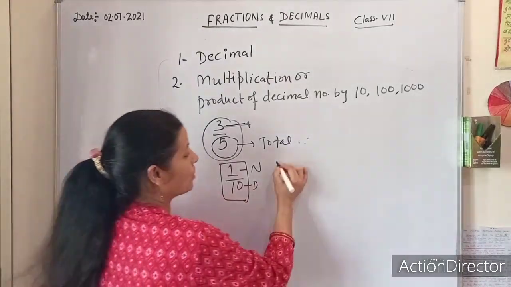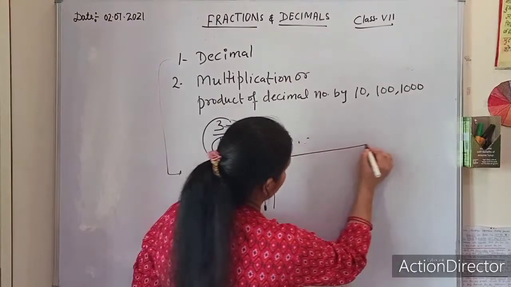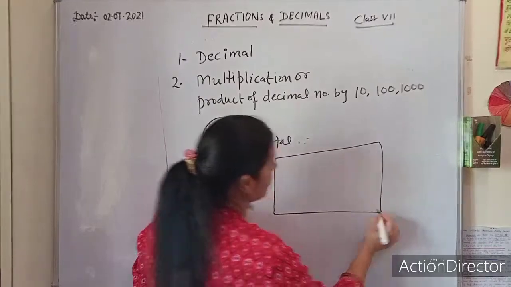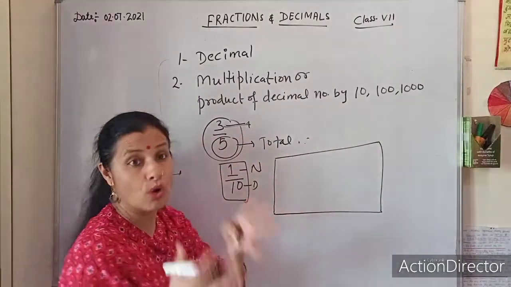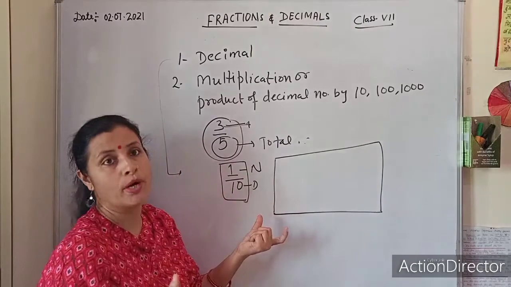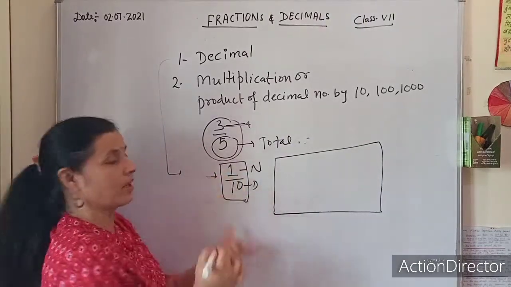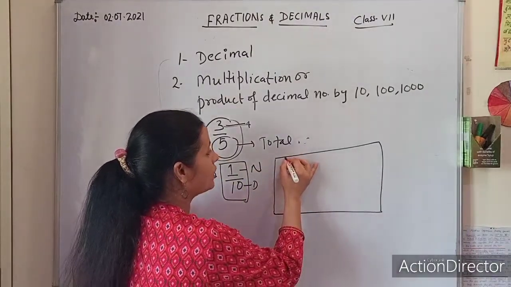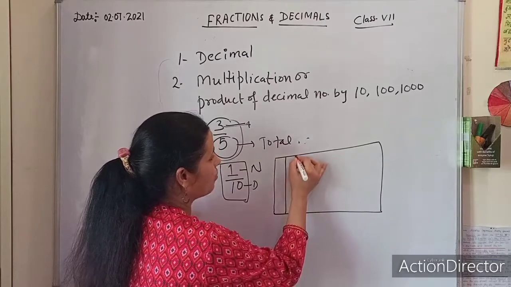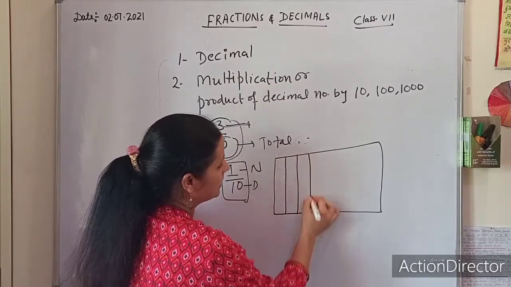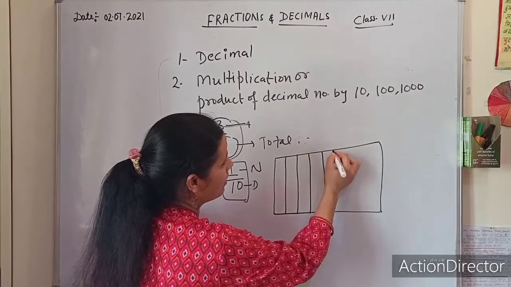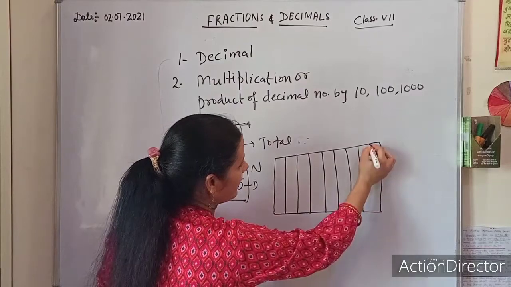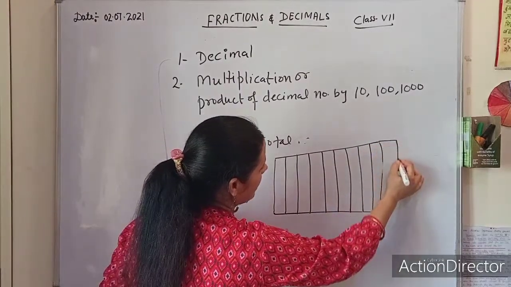Get it? So suppose I have a chocolate. I am going to present it in pictorial form, so it will be easy to understand what 1 upon 10 means. Suppose I have a chocolate and I divide that chocolate into 10 equal parts: 1, 2, 3, 4, 5, 6, 7, 8, 9 and 10.